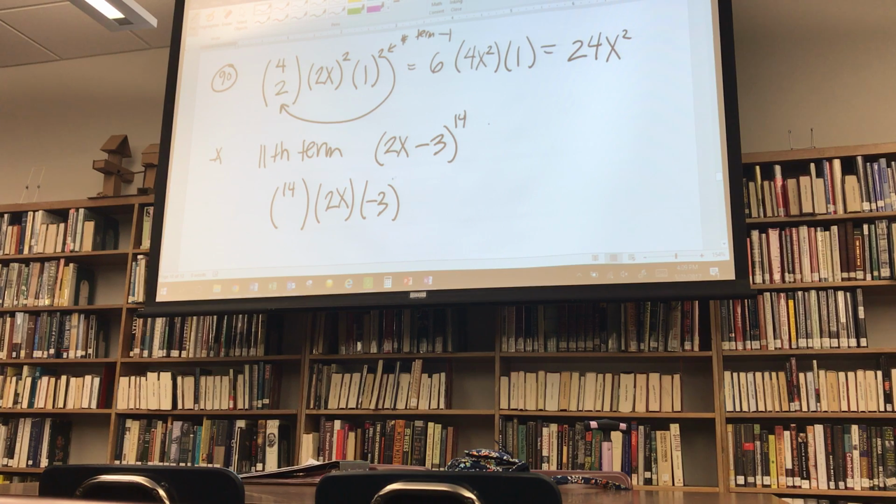Now, this one, if you want, you can always get it from the number of term that you want minus 1. So what would this be right here? That's 10. And this one, you can either do the total minus 10 to get a 4, or you can picture and count on your fingers, 14, 13, 12, 11, 10, 9, 8, 7, 6, 5, 4. So it'd be raised to the 4th power if it's the 11th term. So what goes down here? That's the 10. Yes, this is gonna be super giant. That's all right.